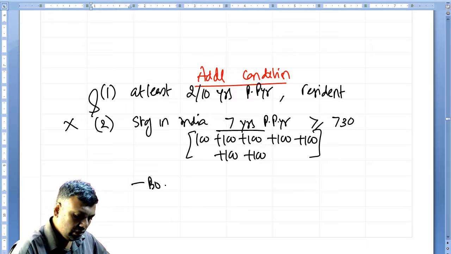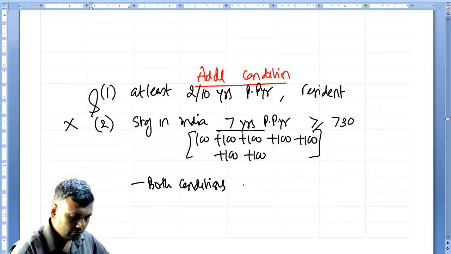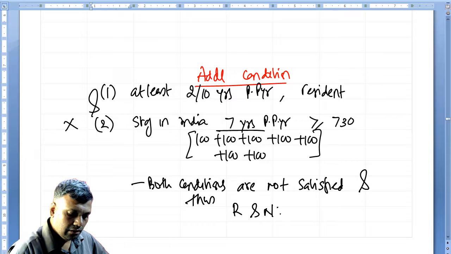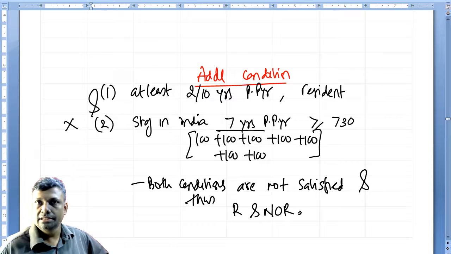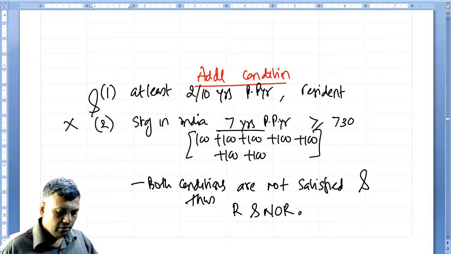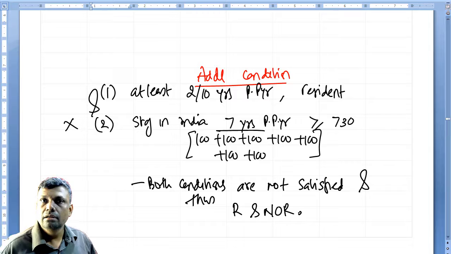So both the conditions are not satisfied, and thus he shall be regarded as resident and not ordinarily resident.